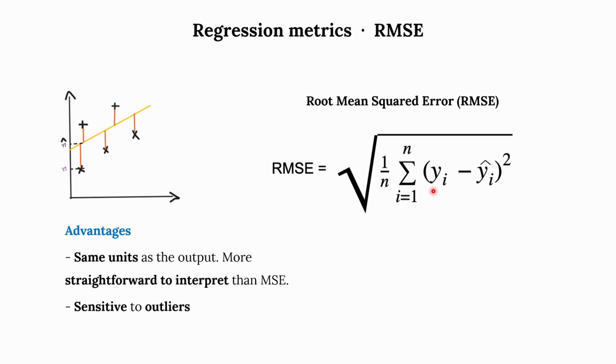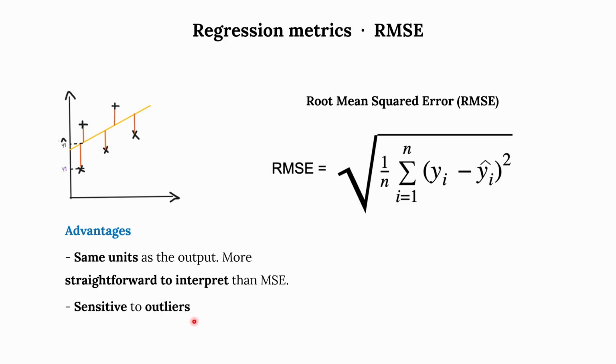Root mean squared error. It's the mean squared error, the one that had squared units, and then you just take the root, this one right here. Advantages: same units as the output, more straightforward to interpret than the mean squared error. Sensitive to outliers.